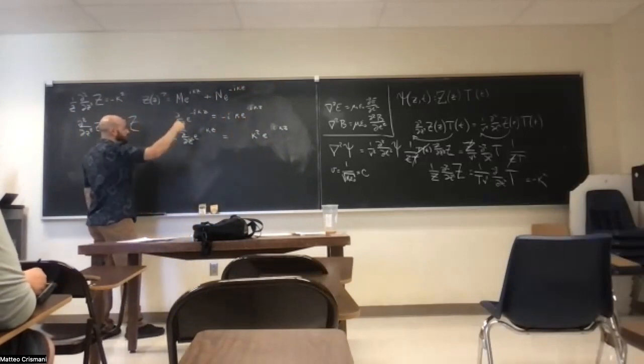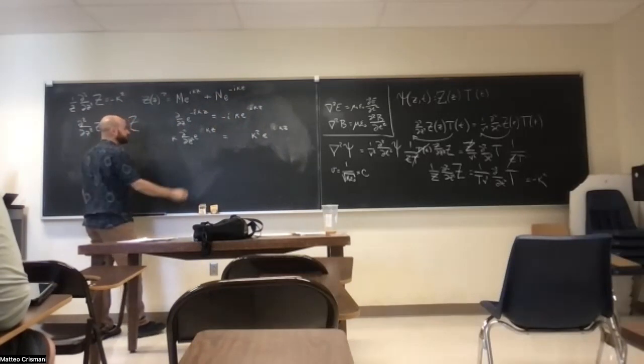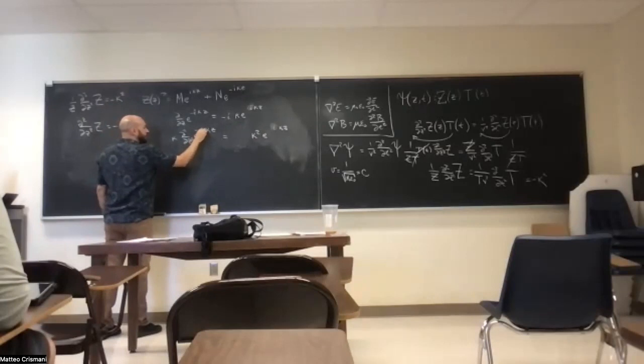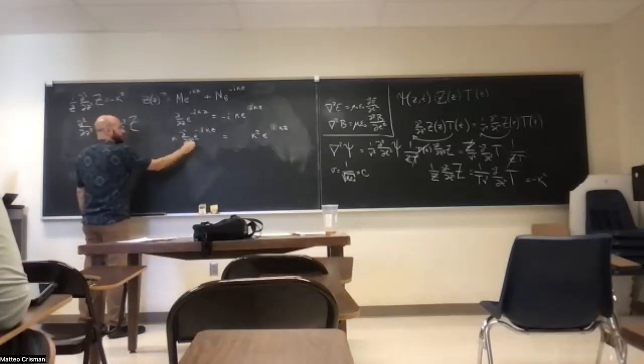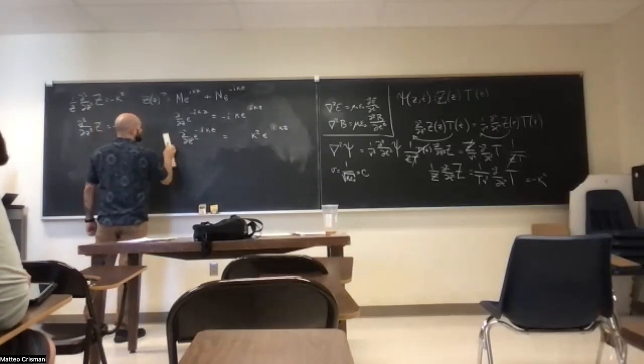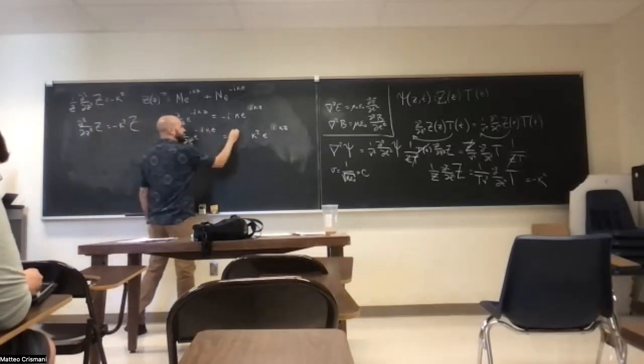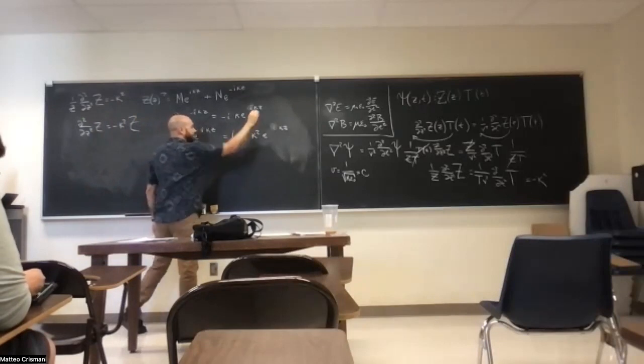And I'm not going to bring the n along because we know that will work. Del squared of that, so I get 2 copies of this and 2 copies of this.